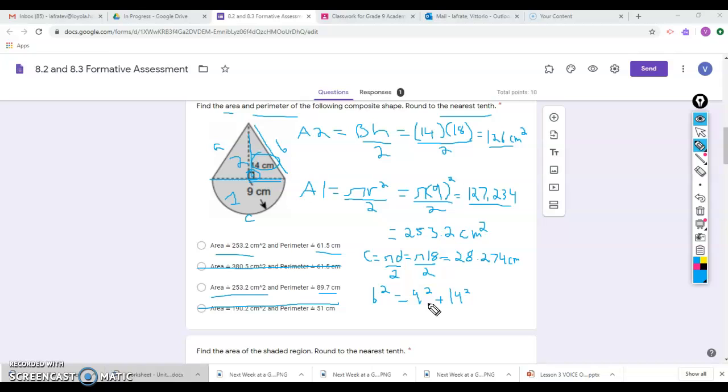So let's just do 9 squared plus 14 squared. We get 277. But remember that we're looking for b, so to find b, we take the square root of 277. And we get 16.643, so on and so forth. So that's the length here.